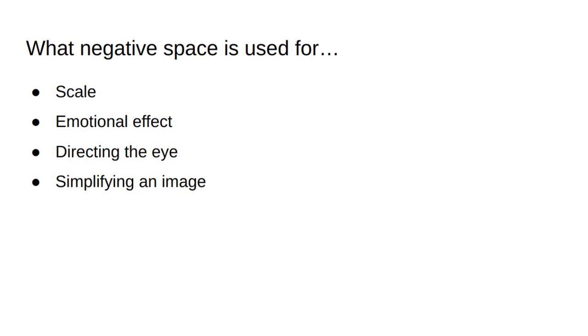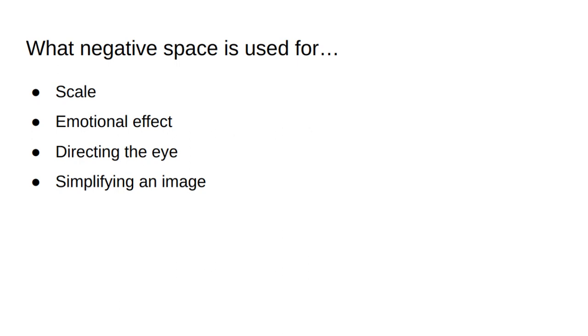Okay. So another thing about negative space is that it's used for emotional effect. Usually when the space is empty and the subject is alone in the image, it creates an emotional effect because, as I said before, it can be used to tell us about that particular character.